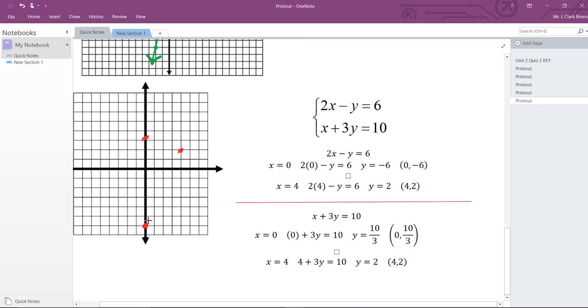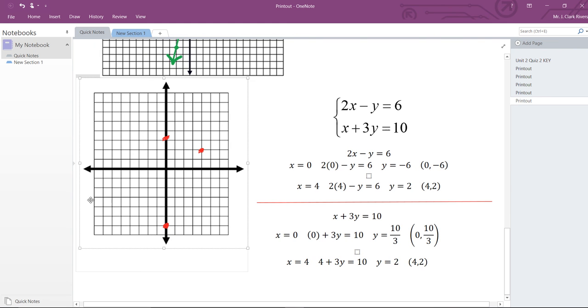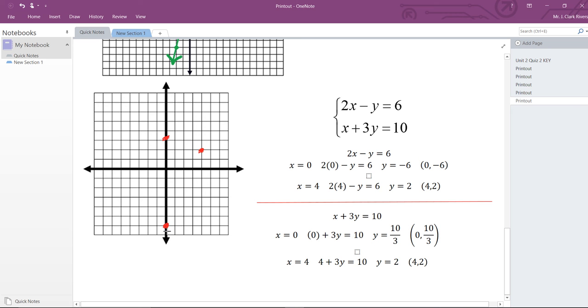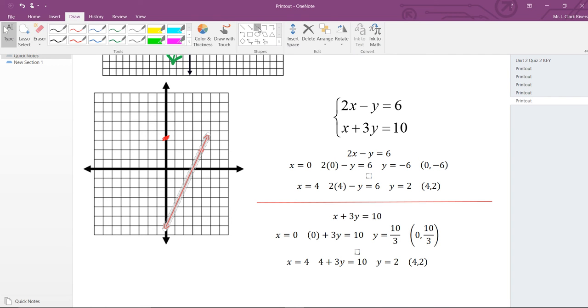It looks something like this. Oh, that's a bad one. Let me do a better job. Let's try that one more time. There we go. That's better. And do the same thing with the other 2 points.